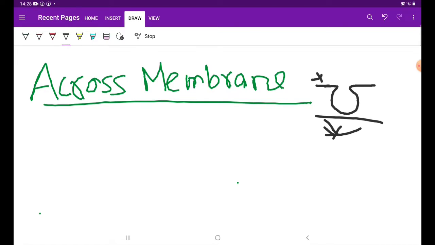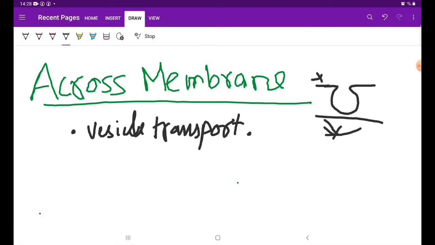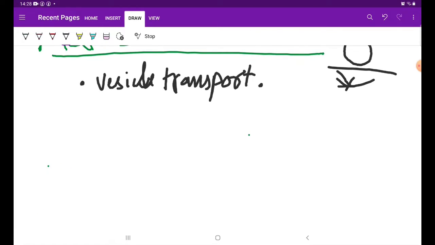So here vesicle transport happens. Now across the membrane, there are two types. One is endocytosis.